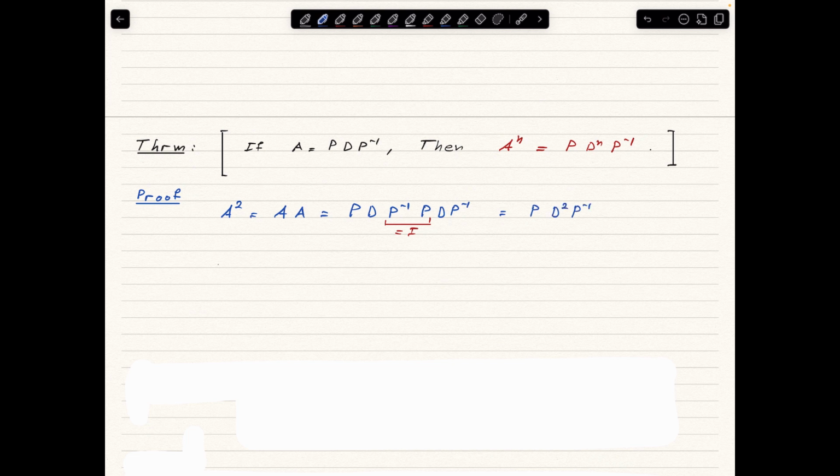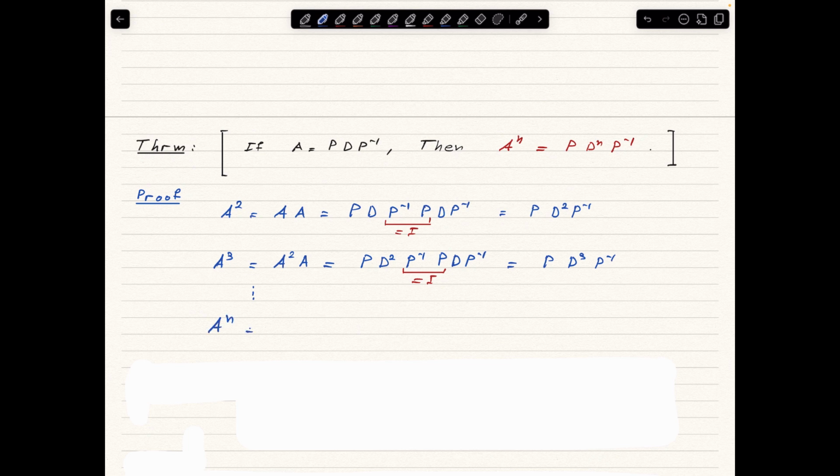And you see that this is going to happen over and over, because when we do A to the power 3, we get A to the power 2 times A. Power 2 we already computed, and then we have matrix A, which is P D P inverse, and again this product is going to cancel out into an identity, and again we are going to get P D cubed P inverse.